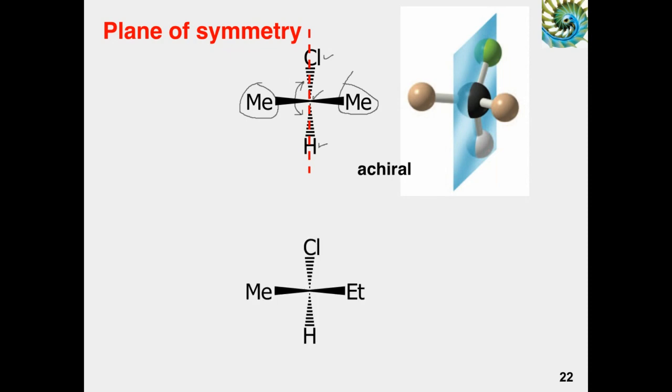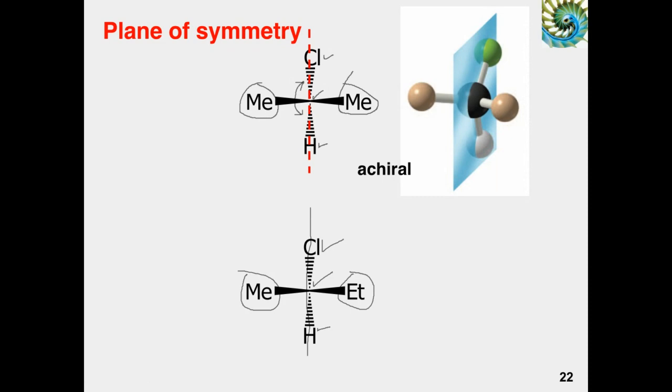Here is another example. Once again, a plane can be defined by these three atoms. In that case, if we draw a plane right here, the left side is methyl and the right side is ethyl, different groups, so one side will not be the reflection of the other side.